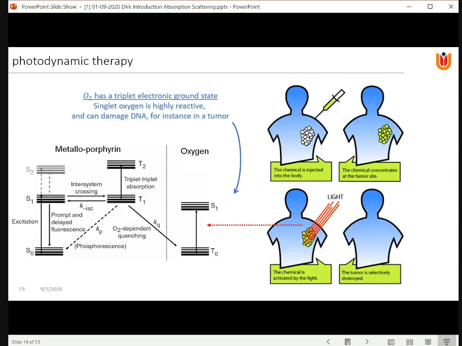The nice thing about this approach is that if you inject the metalloporphyrin and you keep the light out, nothing really happens. Eventually it will be cleared out. It is the combination of the metalloporphyrin and the light that makes this whole cascade. So you can do very targeted, very localized treatment this way.